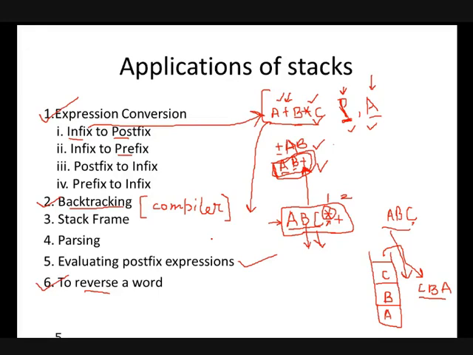And if you found at some time that this will not give you any desired string, in that case you can backtrack. Let's suppose I talk about the same example we have discussed in reversing a string.